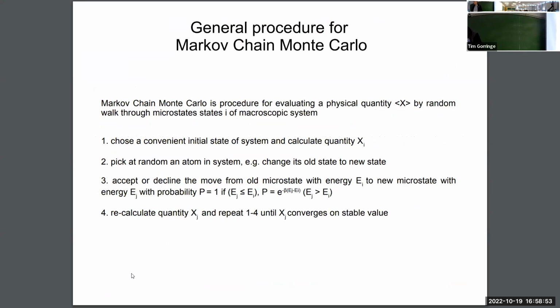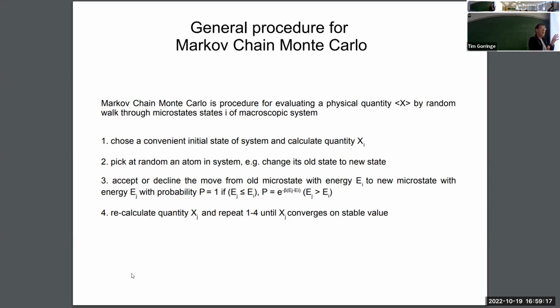So that's where the Monte Carlo method from the last class comes in; we use that Monte Carlo method in this class too. This is just a slide from the last class. I just wanted to remind you of this Markov Chain Monte Carlo method. It basically amounts to a way of calculating a macroscopic quantity.